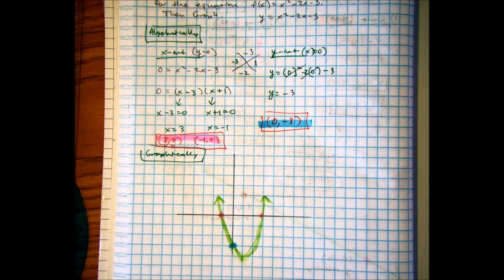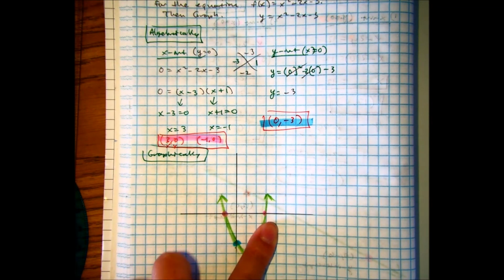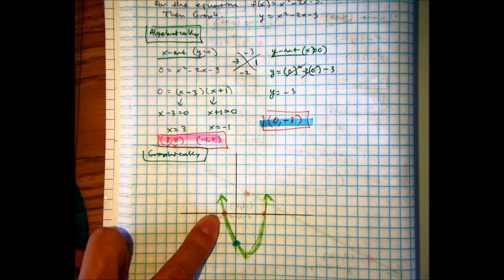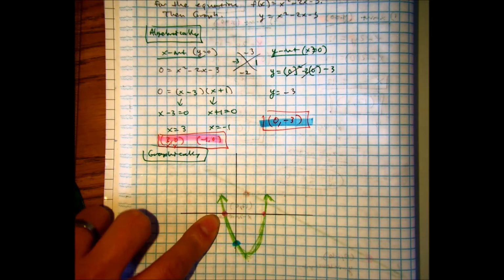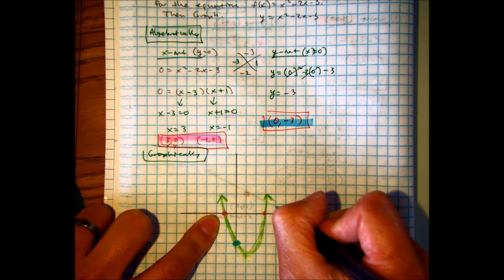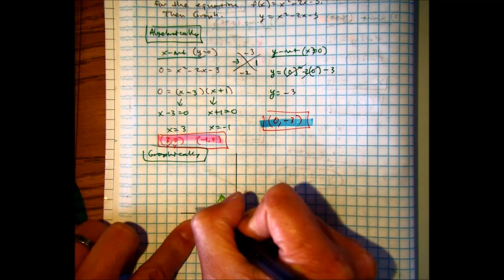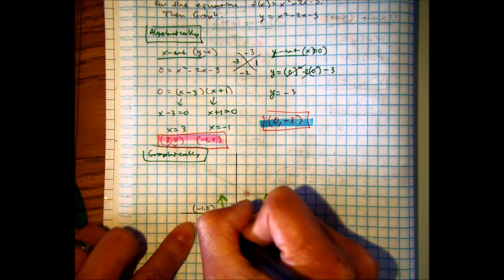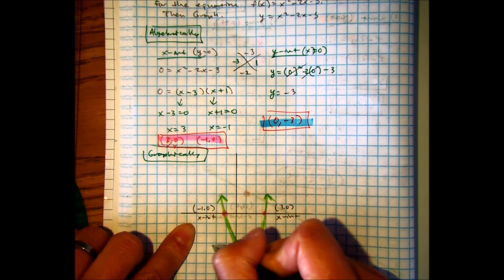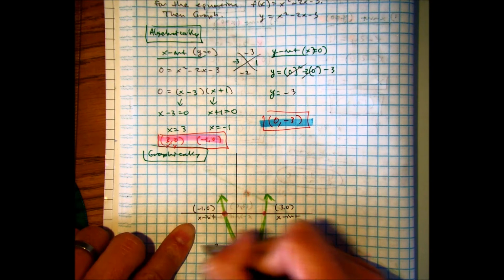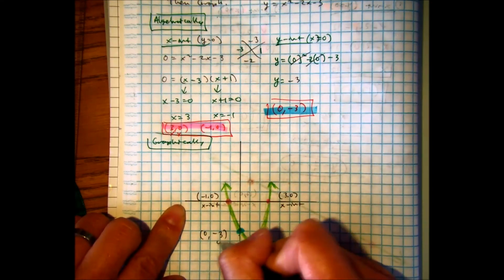You'll learn about the minimum and vertex later, but the big idea is we're just trying to get these x-intercepts. Let's label it. 3, 0, x-intercept. Negative 1, 0, x-intercept. 0, negative 3, y-intercept.